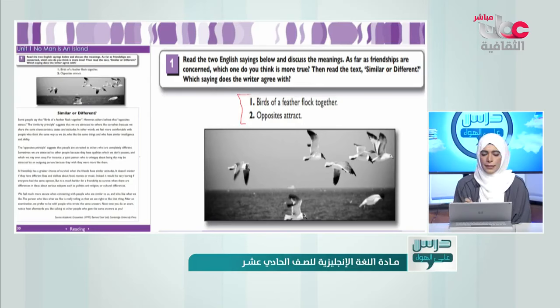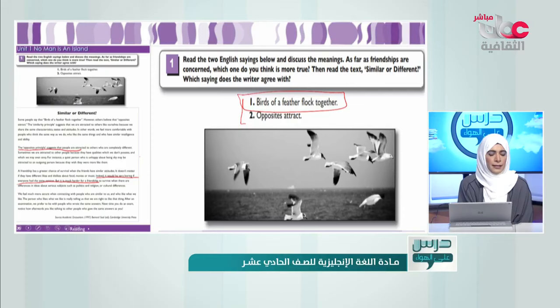In this text, the writer believes more in birds of a feather flock together. Although, look at the title, he's talking about similar or different. But if you look at the topic sentences that you have in each paragraph, you will find that most of the ideas refer to the first statement, which is birds of a feather flock together.